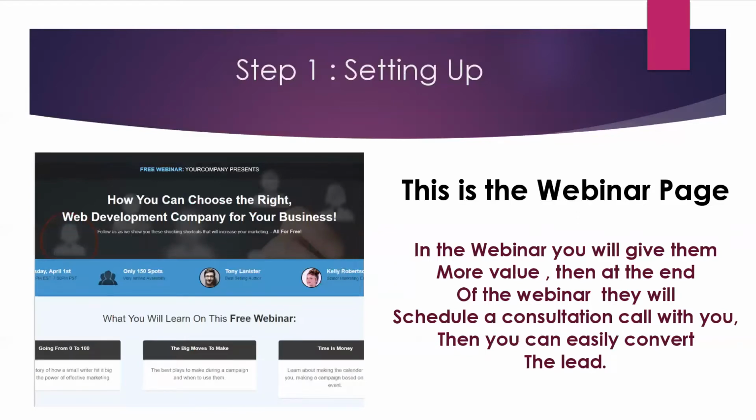If you connect, for example, your Google Calendar, they can see straight away when you're available. Obviously, you set up your availability in the Google Calendar, and customers straight after the webinar just see your calendar and book an appointment.